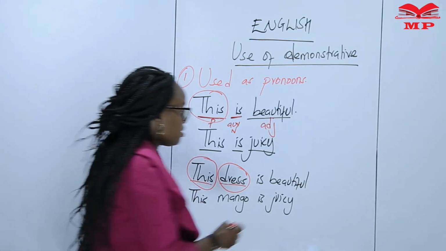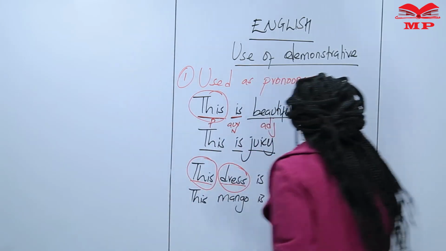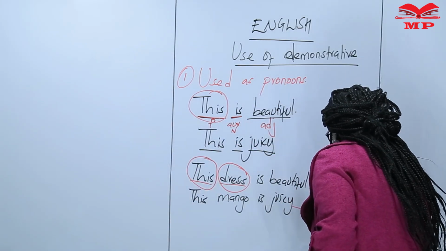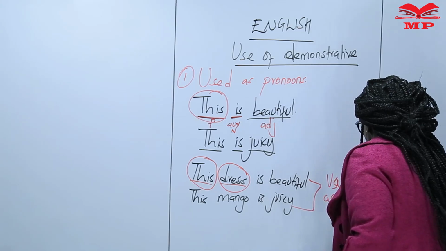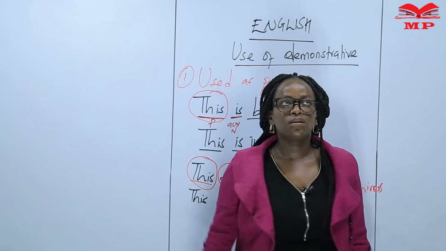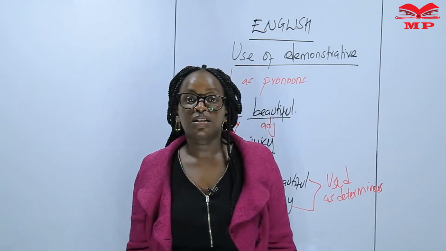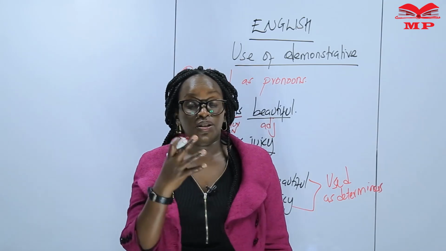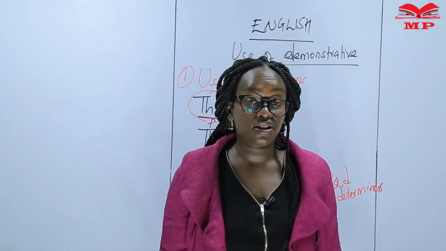Therefore, in these two sentences, we would now say that these ones are used as determiners. Remember in Form 1, you talked about articles, and you were told that articles are always used before nouns. And you discussed 3 articles in the English language.